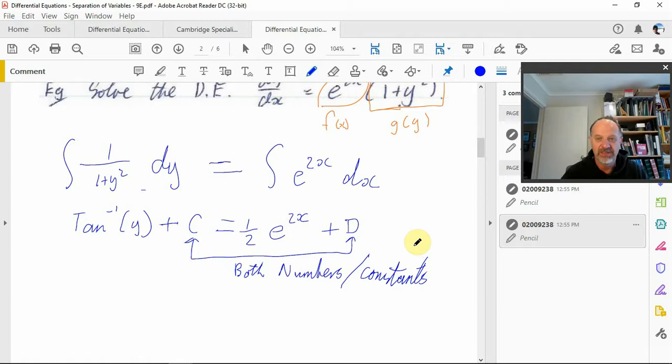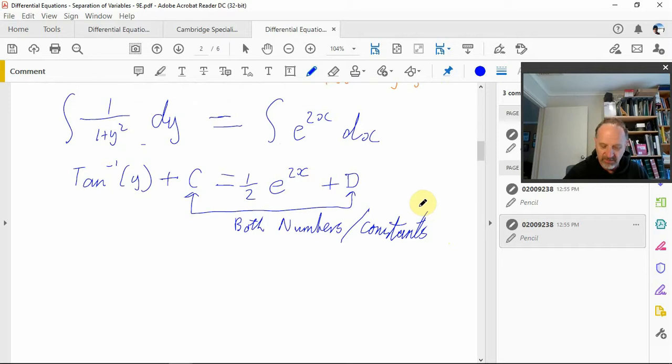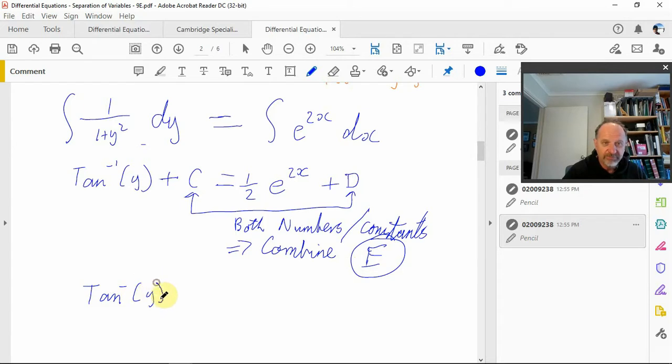Because remember, they're both numbers anyway. Put two numbers together, what do you get? You get another number. So I'm going to combine them, and I'm just going to call it E. Then tan minus 1 of y equals a half e to the 2x plus E, whatever E is.